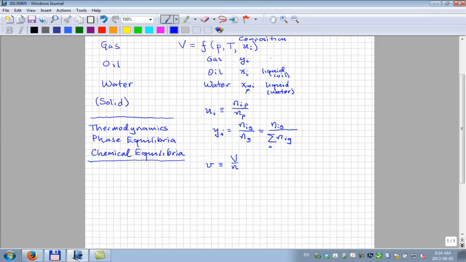A molar volume we have defined in connection with gas, but there's a generic definition of another volumetric property, or it's really just a variable. This variable Z is defined as pressure times volume over nRT, which is of course the same as pressure times little v, the molar volume, divided by RT.